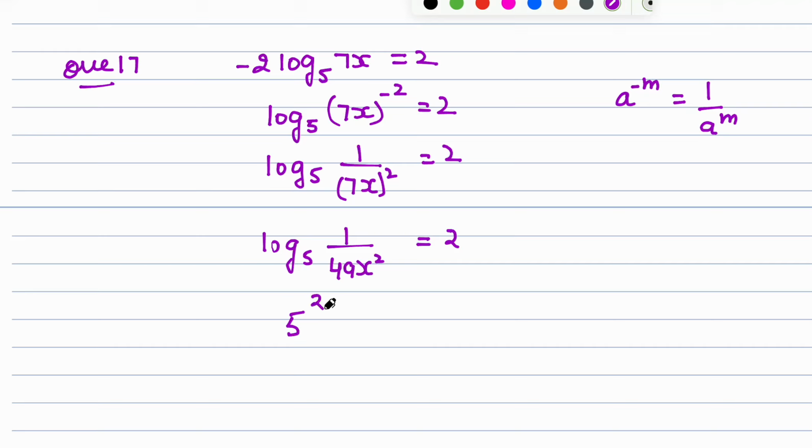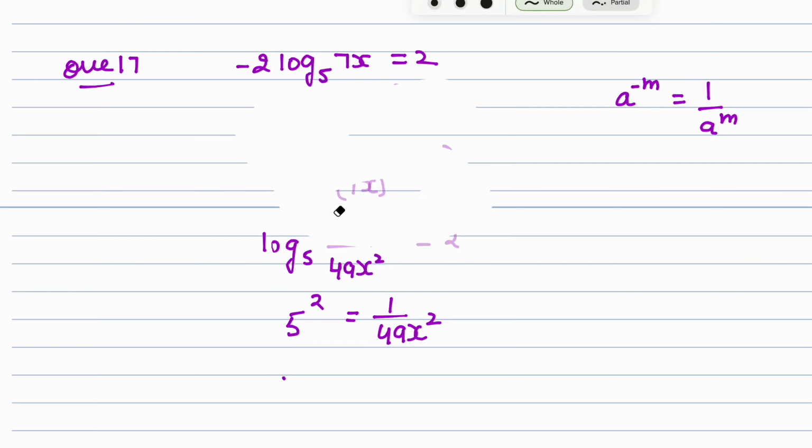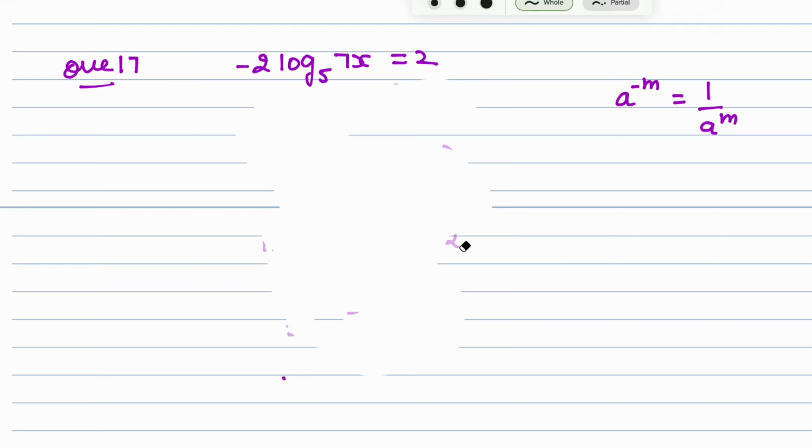So 5 squared is equal to 1 by 49x squared, right? Have I done something wrong? I think we should do it with another method.